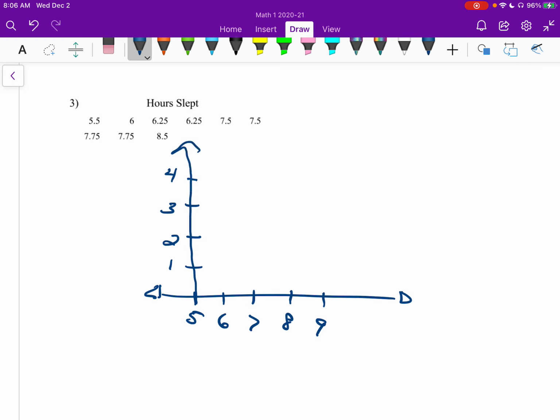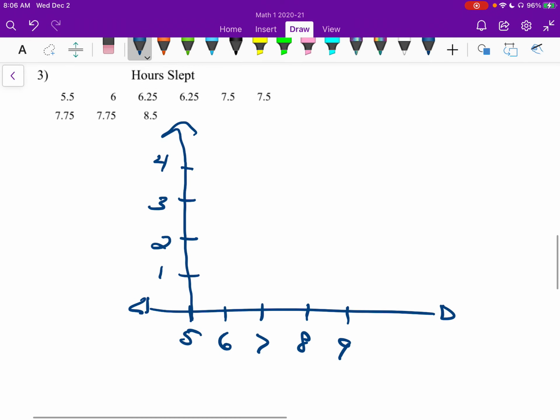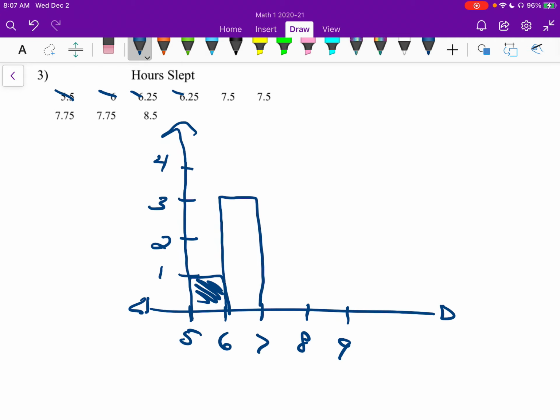All right. So starting off at the beginning of my data, I have 5.5, and that's the only thing between 5 and 6. So I'm going to have one block between 5 and 6. Then I have 6, 6.25, and 6.25 again. That's 3 numbers between 6 and 7.